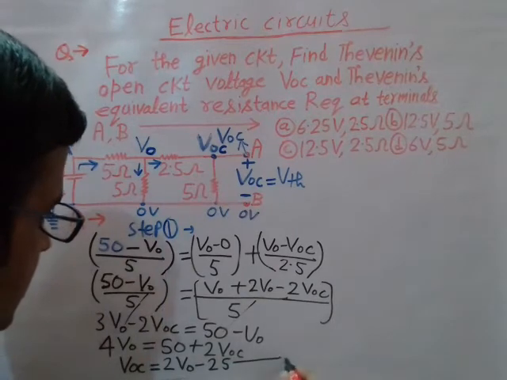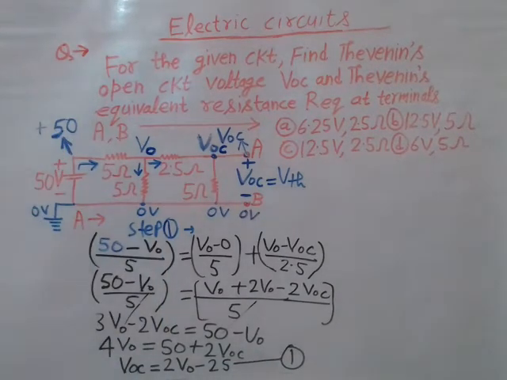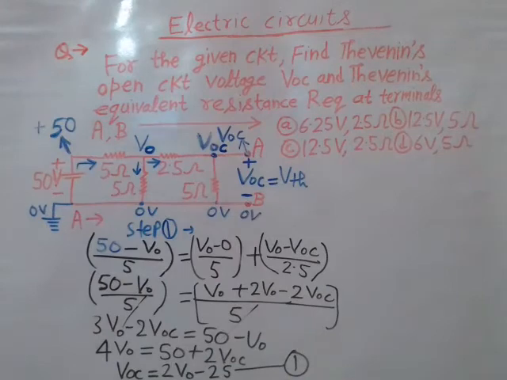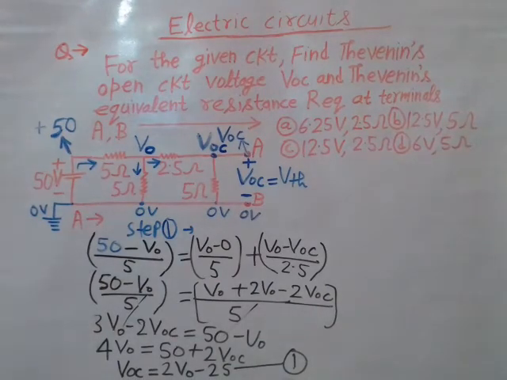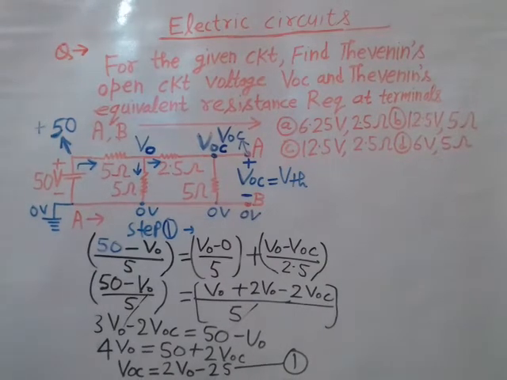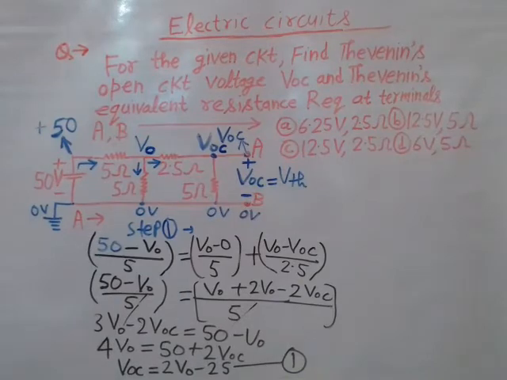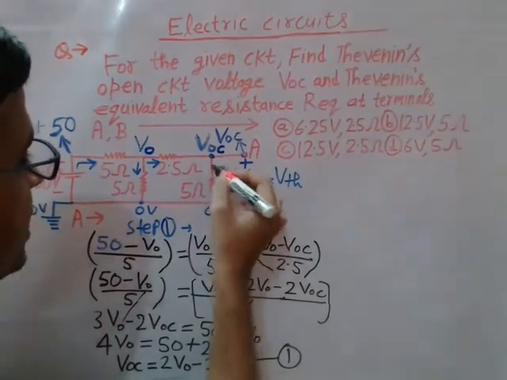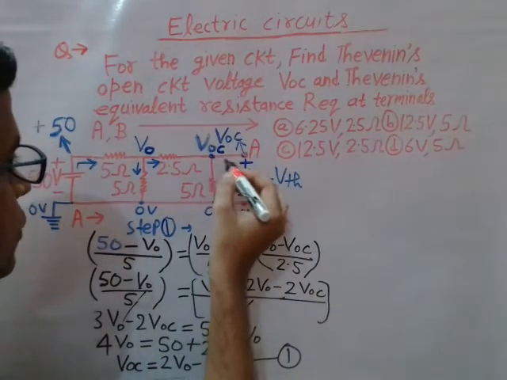This is equation number 1. So 2 VOC is equal to 4 V naught minus 50, or VOC is equal to 2 V naught minus 25. Now I'm going to apply Kirchhoff's current law at this particular node.